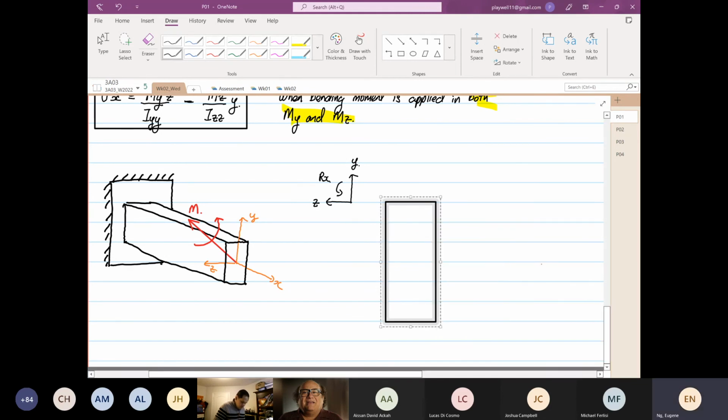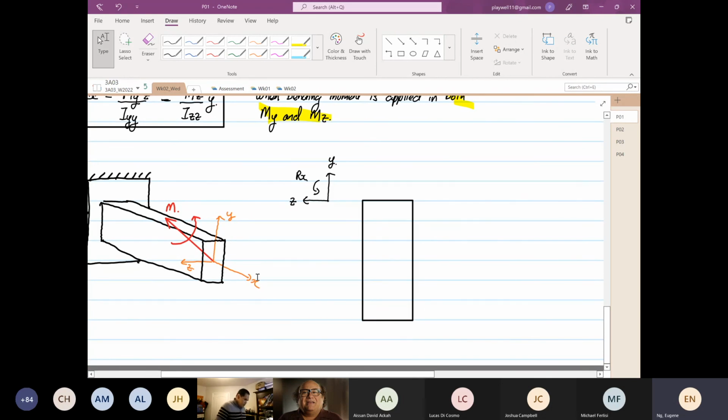Okay, so this is our cross-sectional view, and I'm going to locate our centroid about the z-axis and the y-axis. Okay, so all these are centroid.